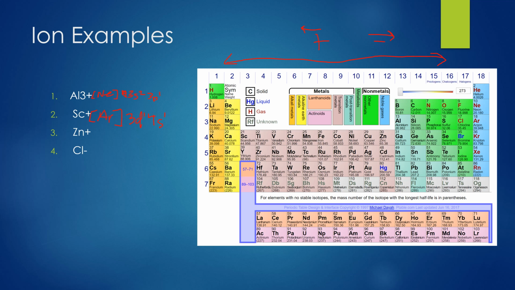Okay, let's look at zinc now. So zinc is all the way at the end of the 3d subshell. So zinc plus would mean removing one electron from the 3d. Now, I just said that you want to remove electrons from the highest energy level, which is true.